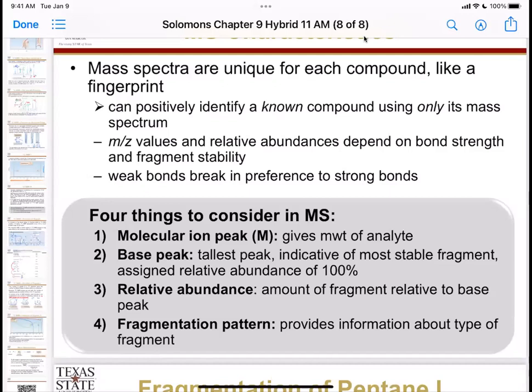If you have a long chain hydrocarbon, like hexane, you're going to see it break off a methyl group, a CH2, a CH2, a CH2, a CH2. So you're going to have a specific pattern. And then we look at the fragmentation pattern. We're going to see that an ethyl group fell off or a t-butyl group fell off. You can start to build the structure by looking at that.